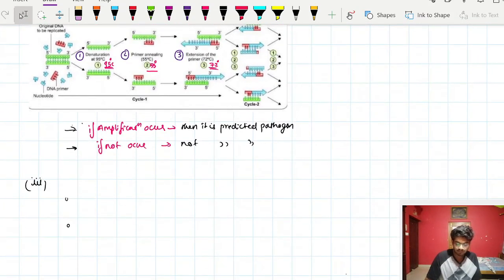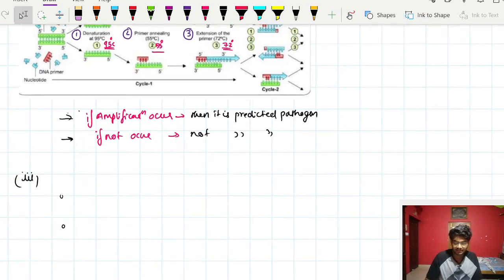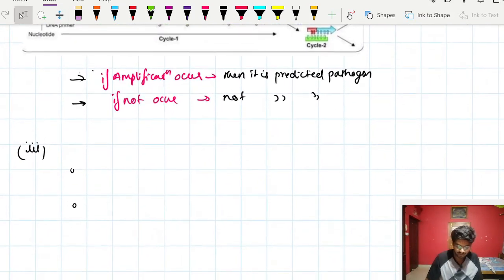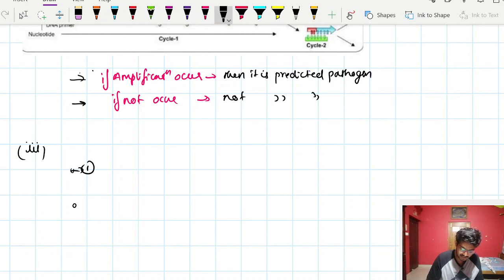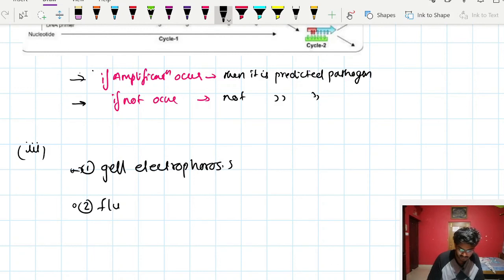Then after amplification we have to detect the amplification. How do we detect whether amplification has occurred or not? There are two methods. The first one is gel electrophoresis, and another method is fluorescence.